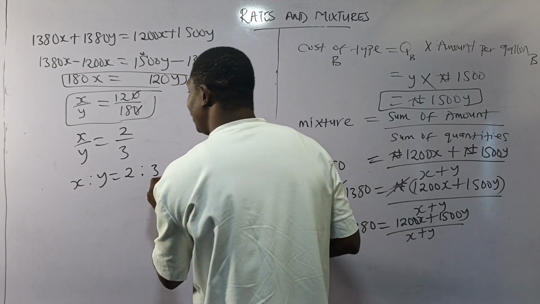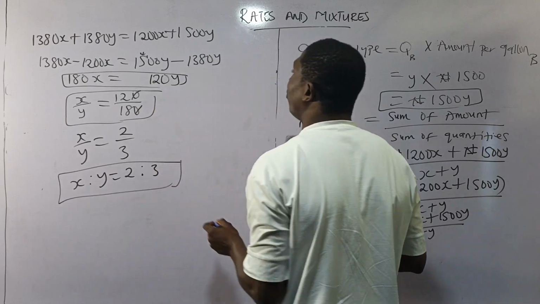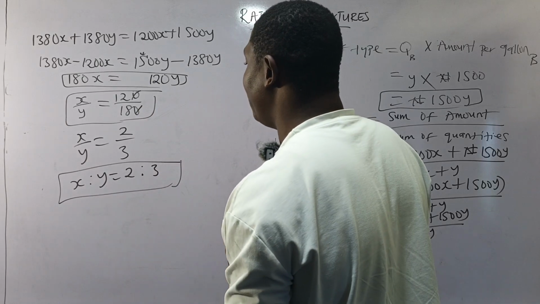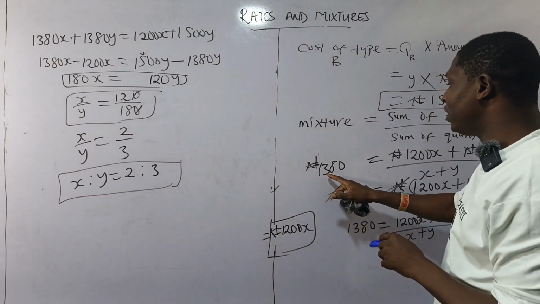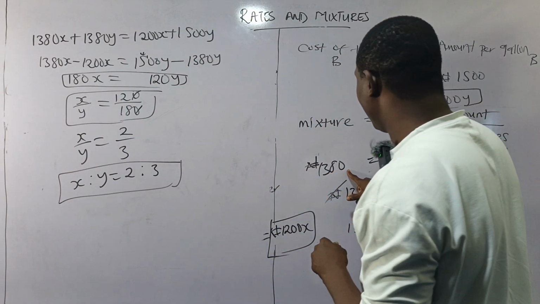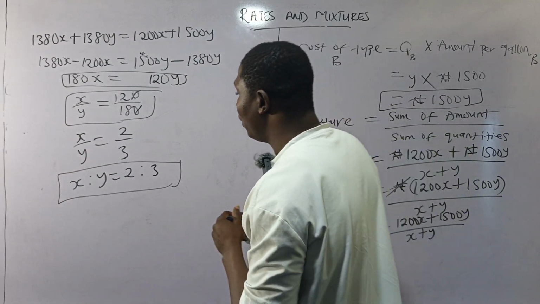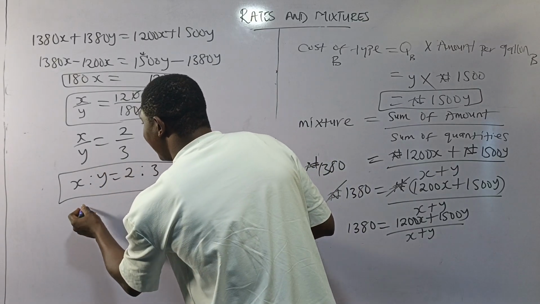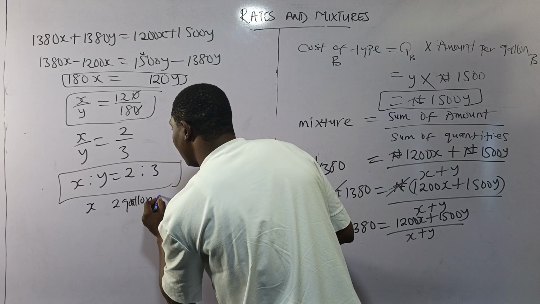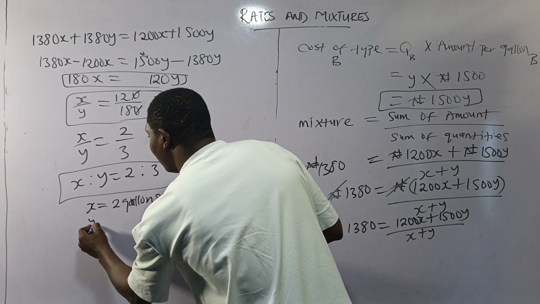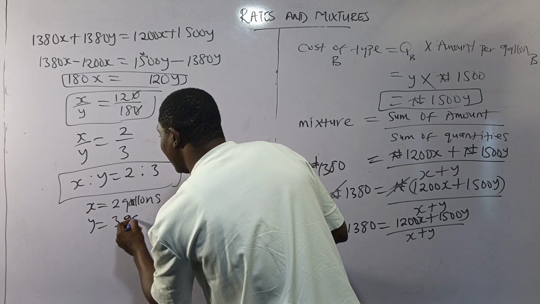So this is the proportion in which both oils type A and B will be mixed to give us a mixture that can be sold for 1,380 naira per gallon. This simply means that x should be 2 gallons and y will be equal to 3 gallons.